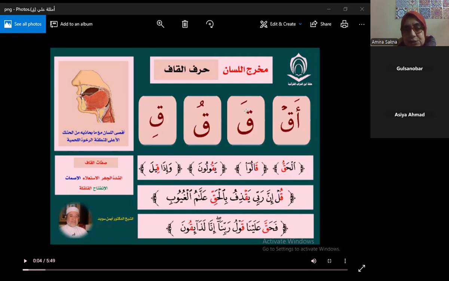When we have any letter with any short vowel, we agree now we are going to achieve 2 articulation points. First, we pronounce the qaf from its articulation point, and then we pronounce the fatha from its articulation point, okay? Qa, qa, qa.